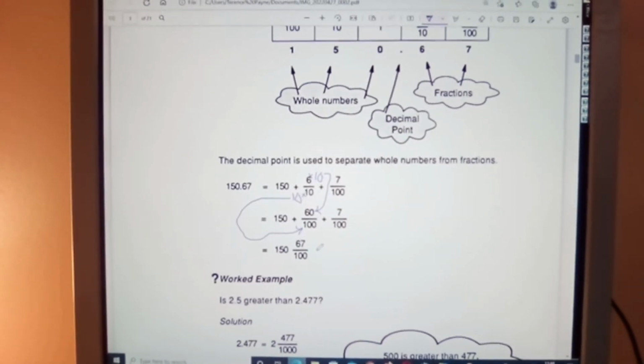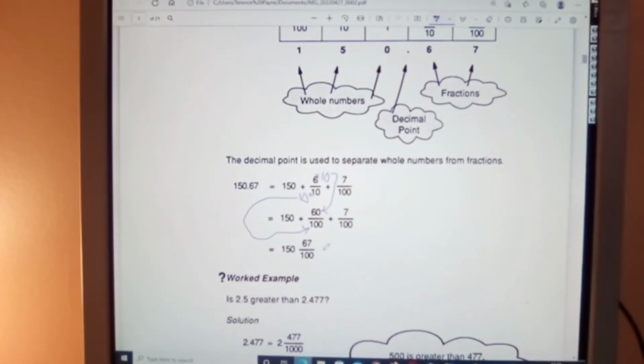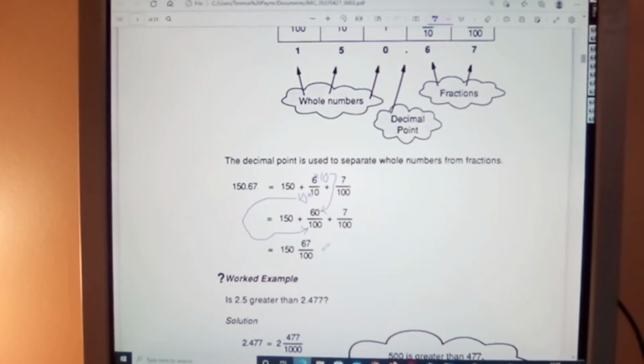And that's about the lowest level that we can get it down to, is 67 over 100.